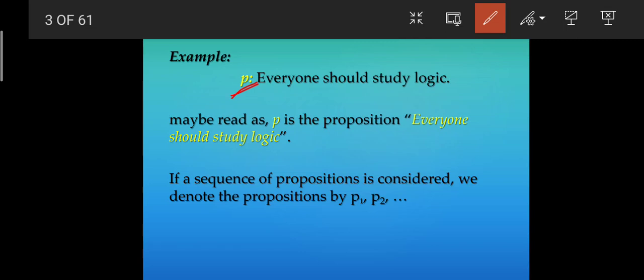And the proposition says everyone should study logic. This may be read as P is the proposition everyone should study logic. And if a sequence of propositions is considered, we denote the propositions by P sub 1, P sub 2, P sub 3, and so on and so forth.